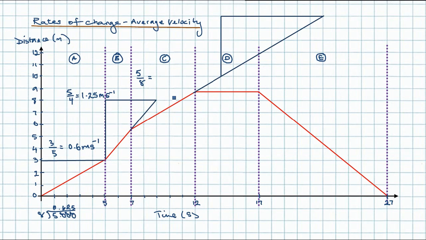So we've got 0.625, which you can do on a calculator, or you can use the bus stop method. Okay, meters per second, like that.